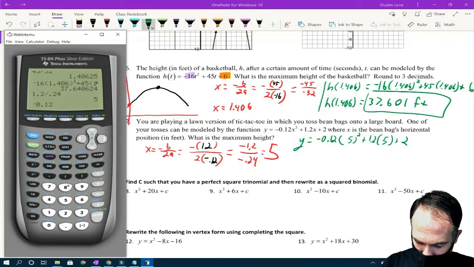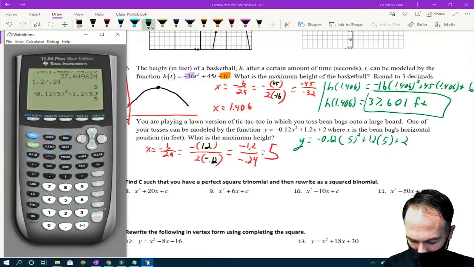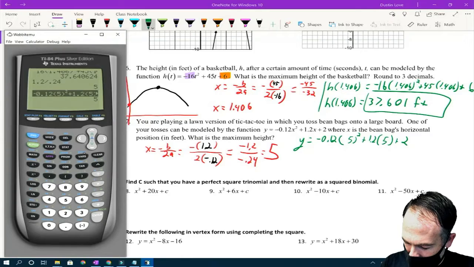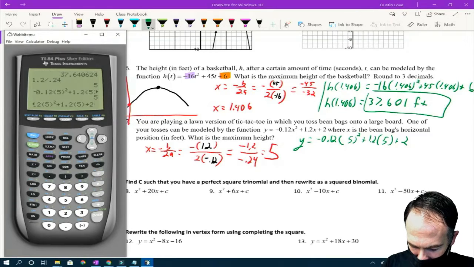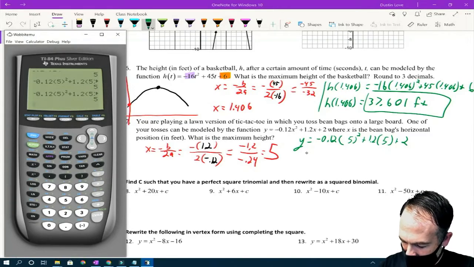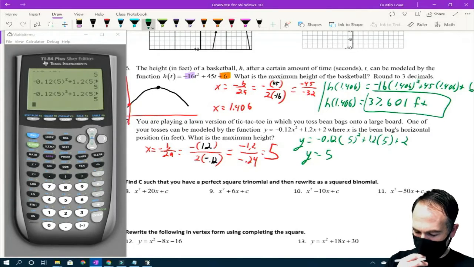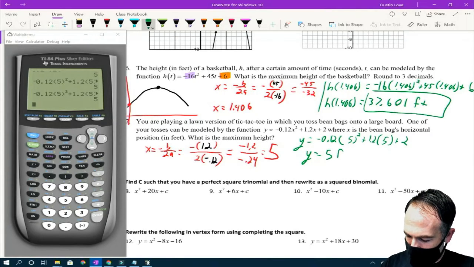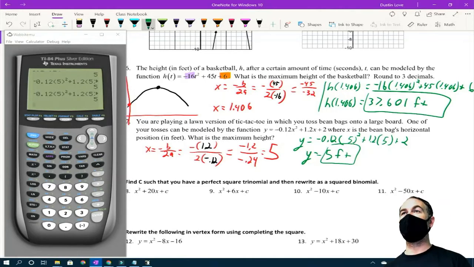Really? Did I type that in right? Negative 0.12 times 5 squared plus 1.2 times 5 plus 2. Yep. So y equals 5. So the maximum height, 5 feet.